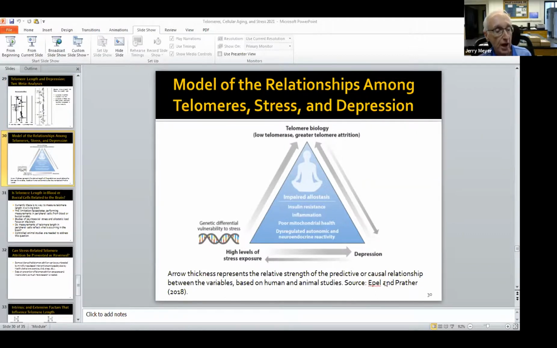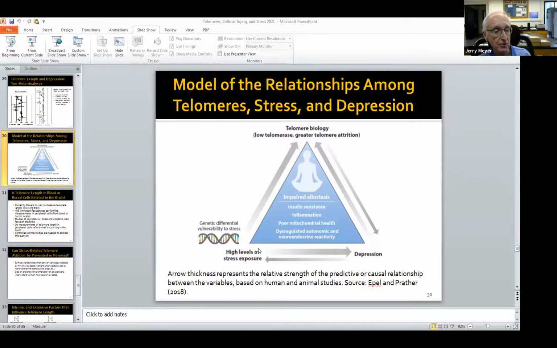The Eppel and Prather review looked at relationships between telomere stress and depression or depressive behavior. What was nice about this was they reviewed both human and animal studies. We saw a little bit of that earlier. Some of the factors that are important in this relationship include genetic differences in vulnerability to stress, starting over here.